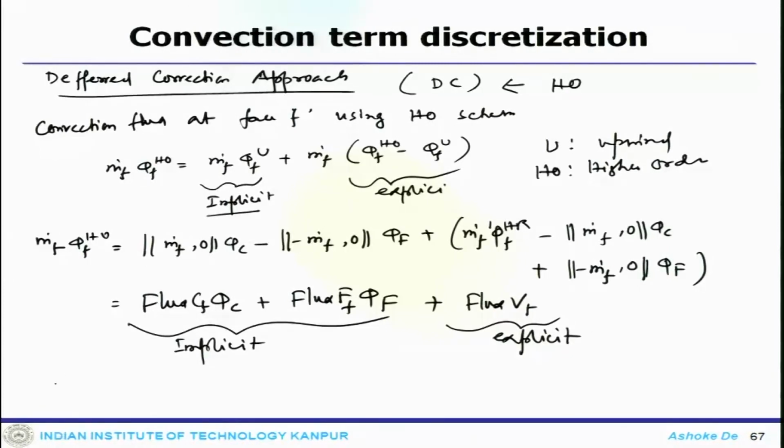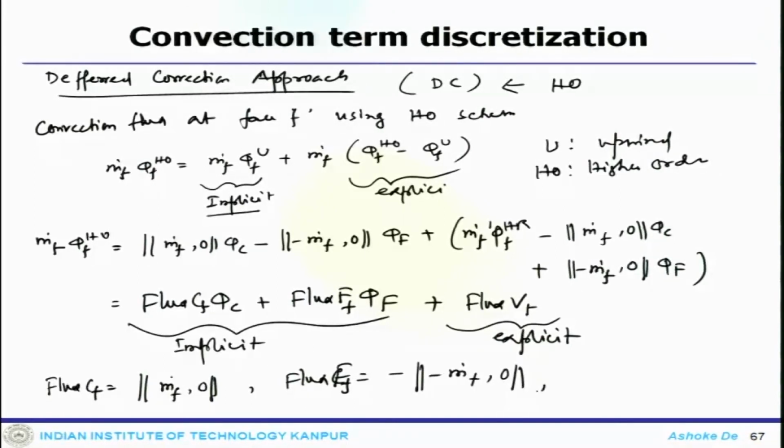The terms are: flux C f equals m dot f zero, flux F f equals minus m dot f zero, and flux V f equals m dot f phi f HO minus flux C f phi c minus flux F f phi f.